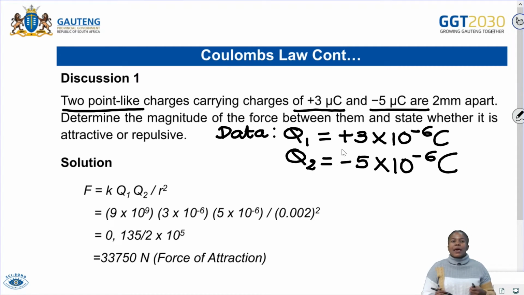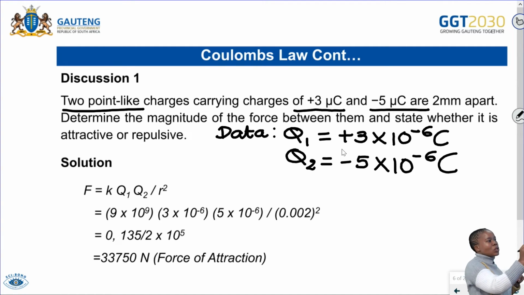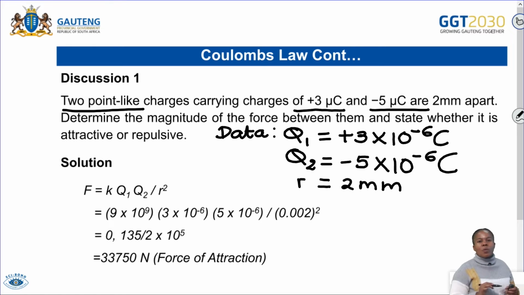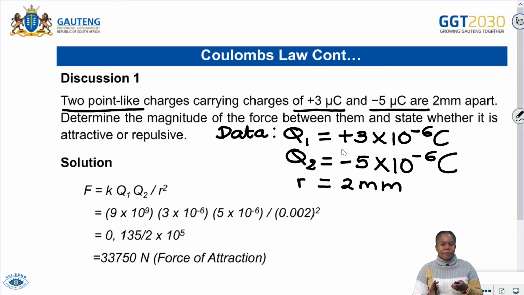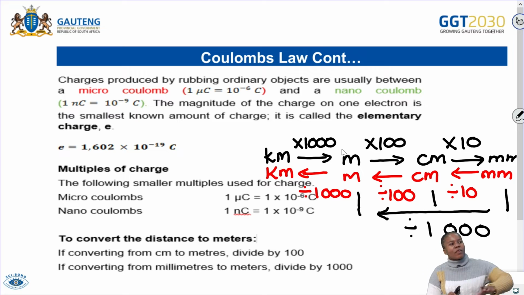And then what is the other thing that is given to you? These 2 point charges that they tell you about are 2 millimeters apart. That is the distance. So distance is represented by what? By R. So this is going to be 2 millimeter. Let's just go back to the previous slide shortly. We said as we are moving from millimeter and heading towards what? Meters.